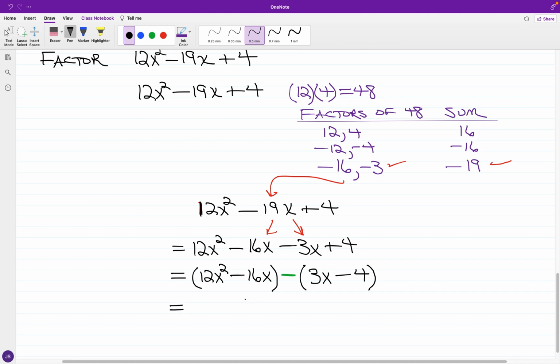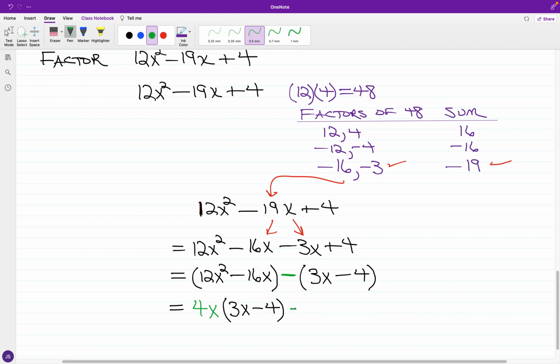All right, so we got the pairings. And looking at the factoring by grouping, if we take the greatest common factor of each, so for 12x squared minus 16x, we have an x term and the greatest common factor with 4 divisible into 12 and 16. Greatest common factor will be 4x. And we have into 12x squared minus 16x, that is going to be 3x minus 4.